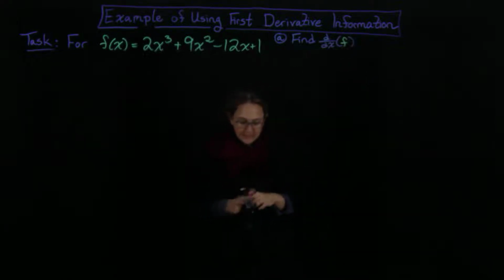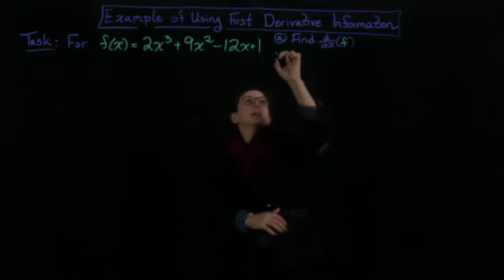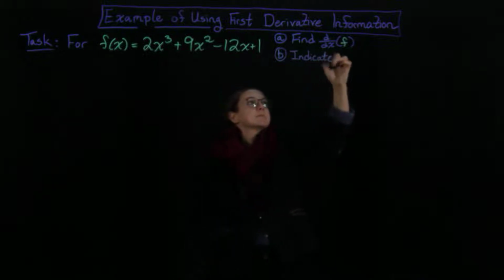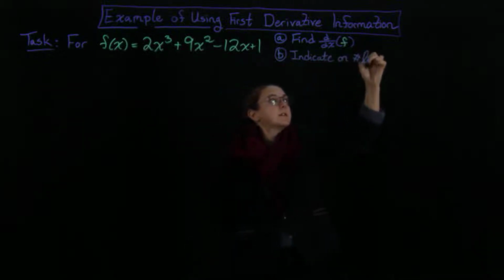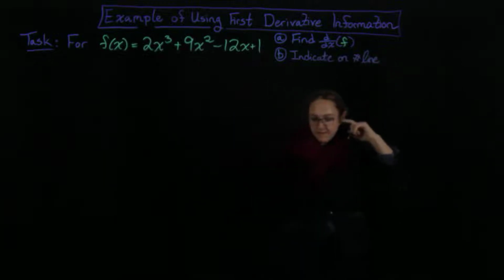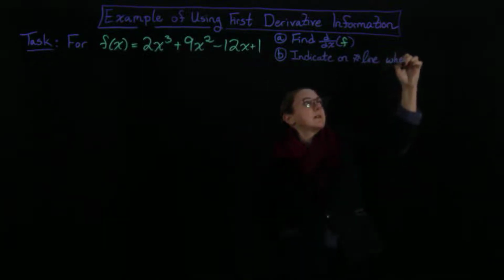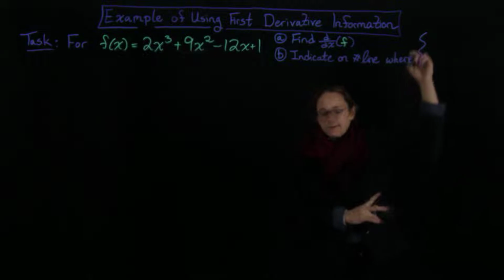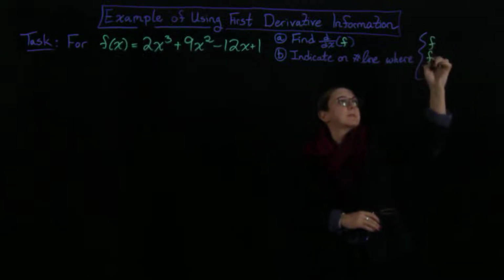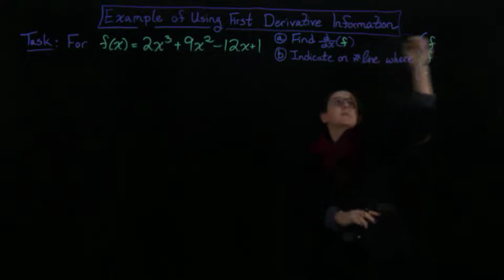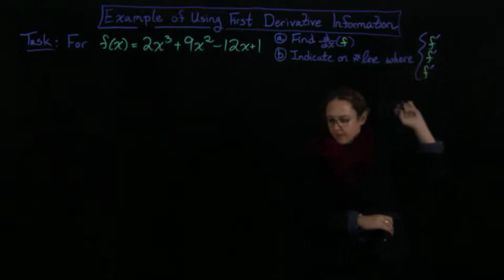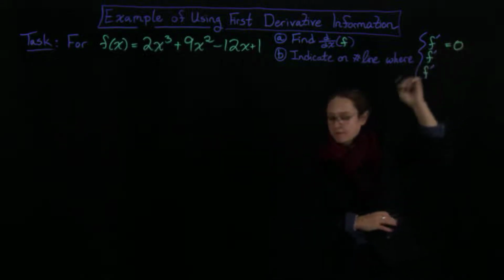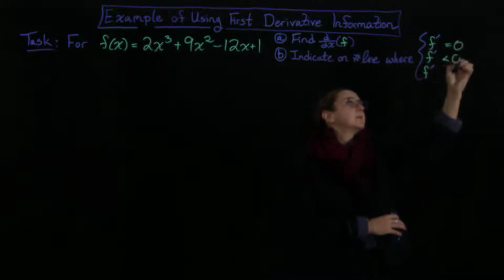And then for part B, we're going to indicate on the number line where this derivative that we found equals 0, where it is less than 0, and where it is greater than 0.